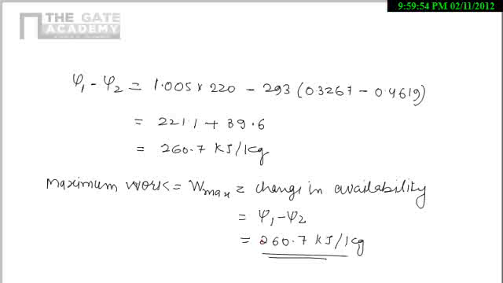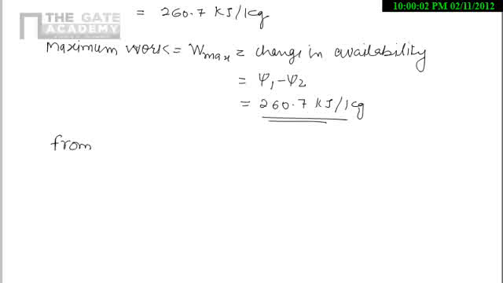Now with the help of the steady flow energy equation, I can write the equation for the turbine. From the steady flow energy equation, Q plus H1 equals W plus H2.